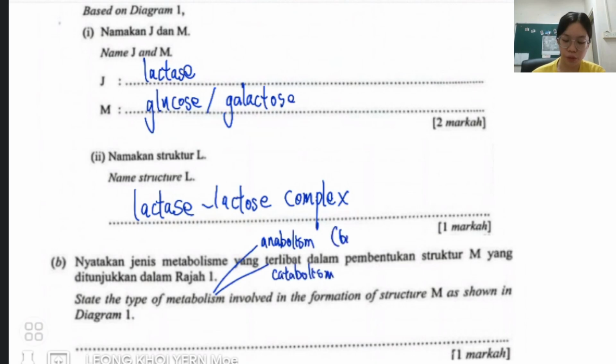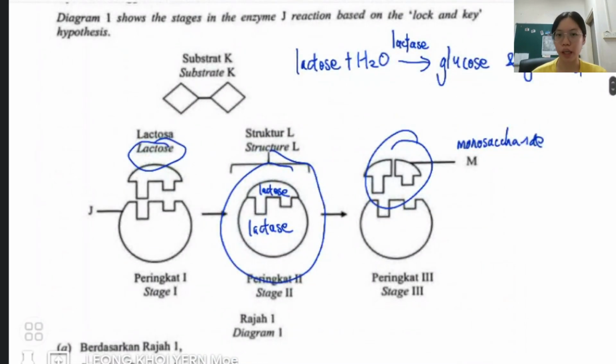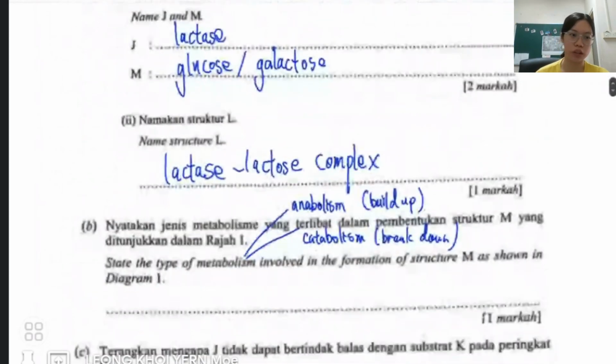Anabolism is basically you build up things, you synthesize something, you build something complex from something simpler. But catabolism, you cut it out, so catabolism means you break it down. So is this breaking down or building up? They are breaking down from a complex, which is a disaccharide, to become a monosaccharide. So this is catabolism.